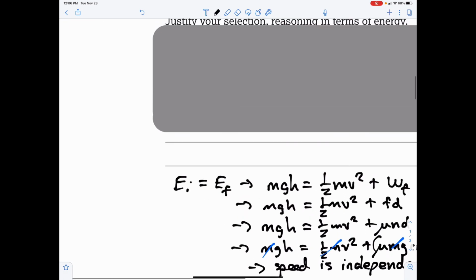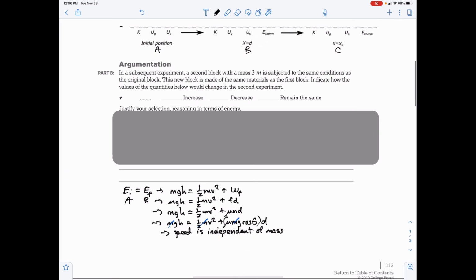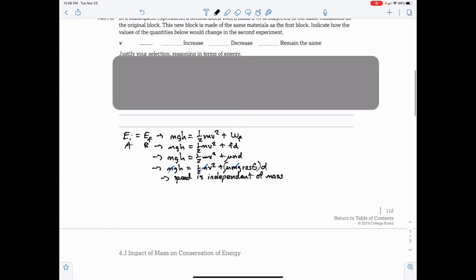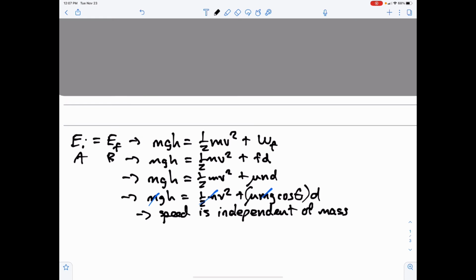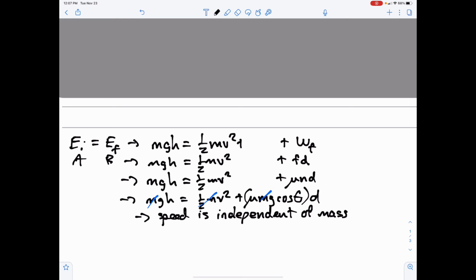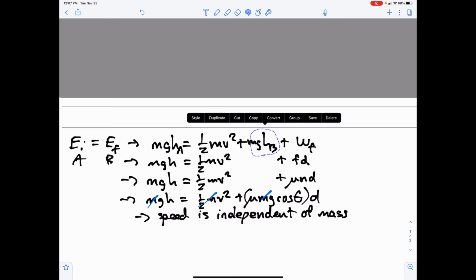Now, initial would be A and final would be B. So you can see we go from mgh to mgh plus 1/2 mv squared plus the work done by friction. Let me add that in there. So that's mgh_A, mgh_B. I'm just going to add this.